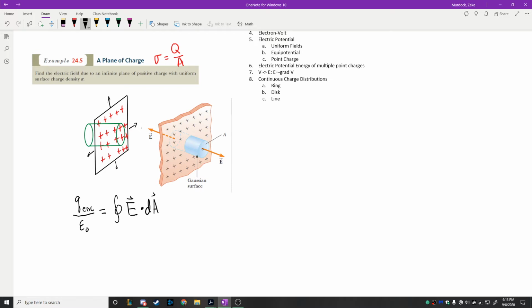And dA, to remind you, is basically just a vector, and we'll use the arrow here because I can't draw straight enough. It's a vector that would point perpendicular and away from the surface. This vector I've drawn here would be what we call dA.